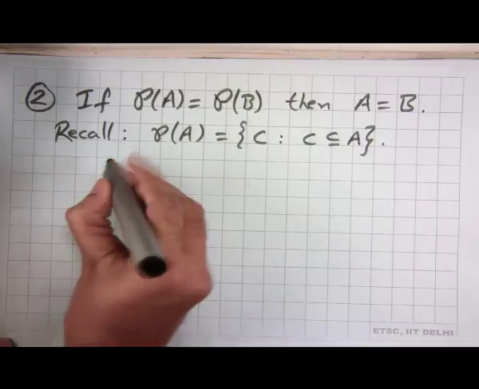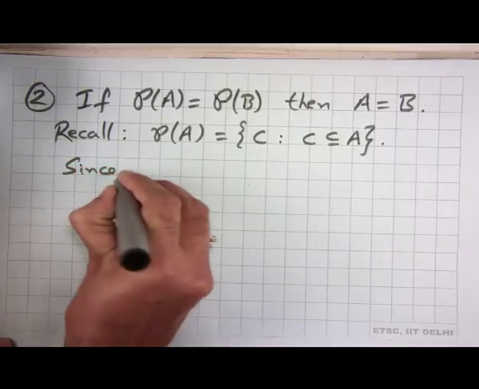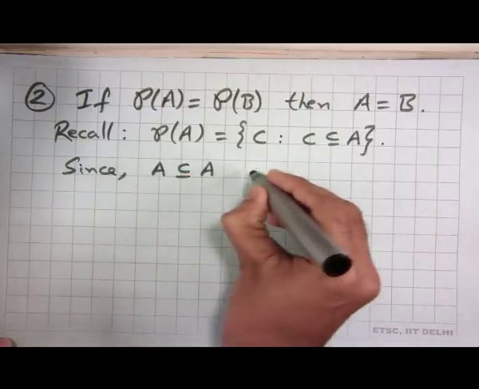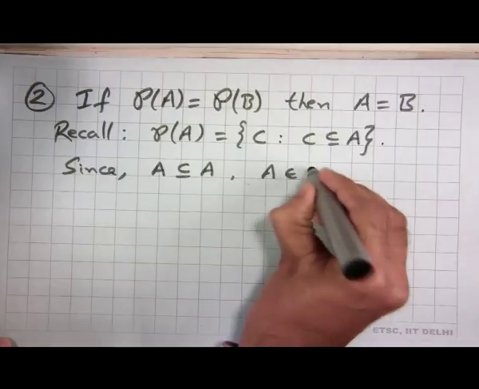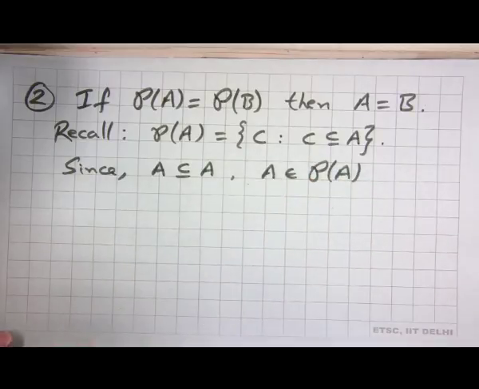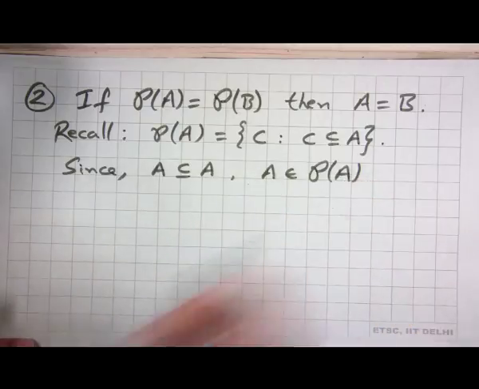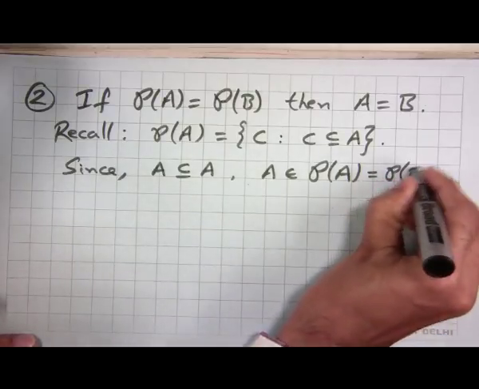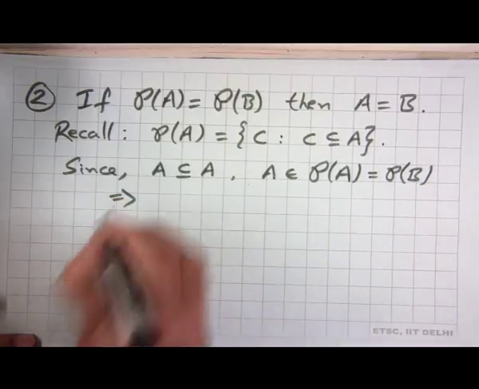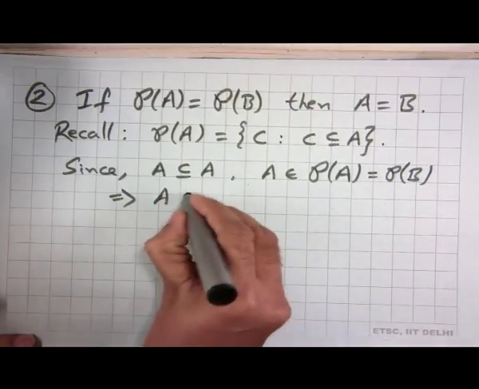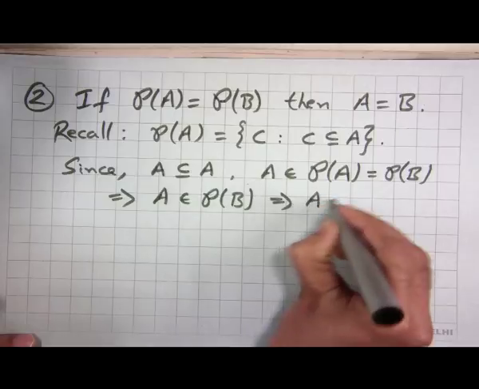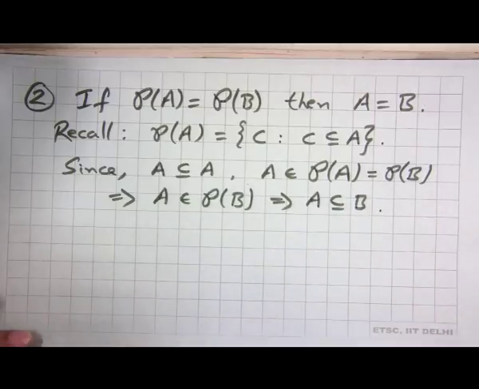So, note that since A is a subset of A, A belongs to power set of A, right. Power set contains all subsets. So, in particular it contains A also, but power set of A is given to be equal to power set of B. So, this implies A belongs to power set of B, which implies that A has to be a subset of B. Right.